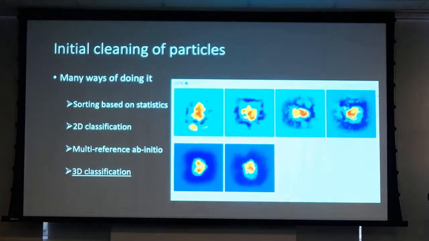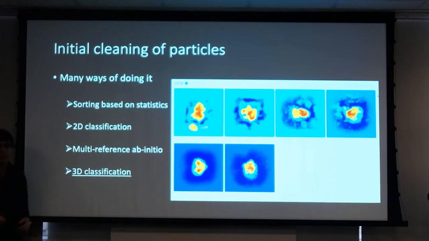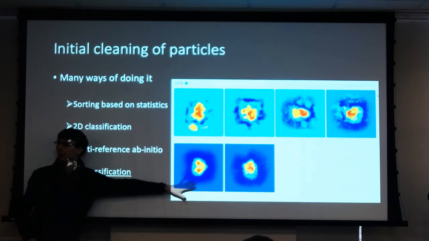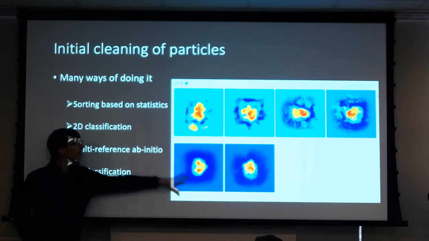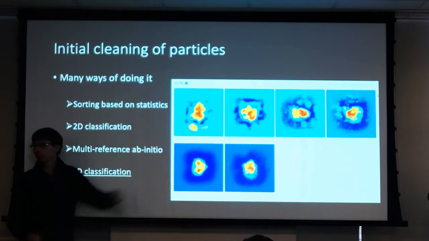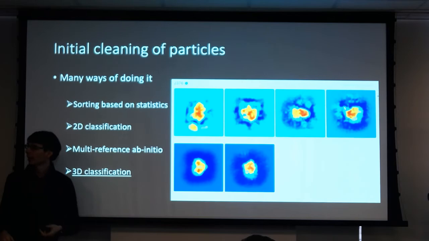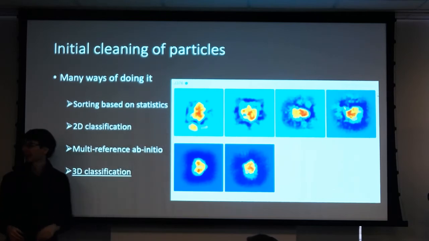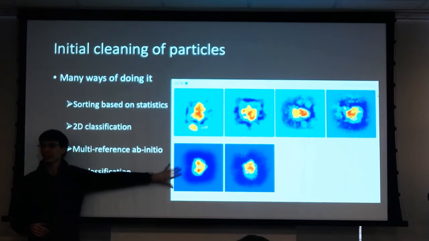Another method that we've been playing around with Oliver Clark is to use heterogeneous refinement and basically give it dummy references. So let's say those 2 are my 2 good references I got from ab initio, and then these others initially were, say, a ribosome, whatever else, like a GPCR, things that have different sizes and shapes. And then any particle that goes to those cannot be my particle, because all of mine are going here, the ones I'm interested in.